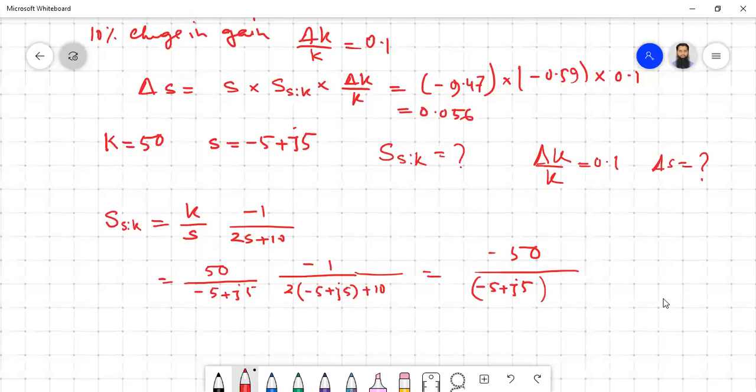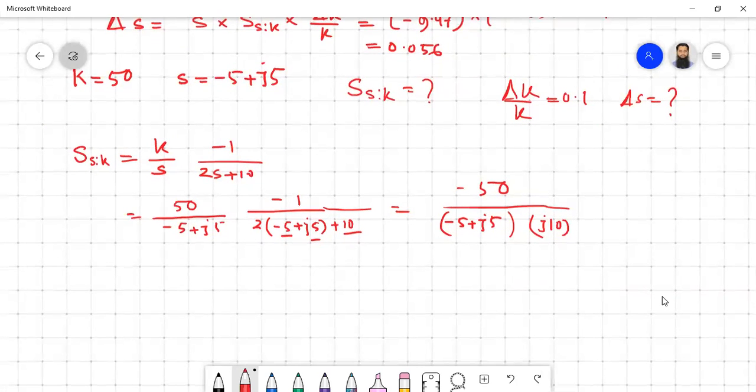Then if you multiply, it will be minus 10, then plus j10 and plus 10. So the 10 will be cancelled out, and what will be left is only j10. If you just multiply this, what we are going to get is minus 50, then minus 50j plus j square 50.